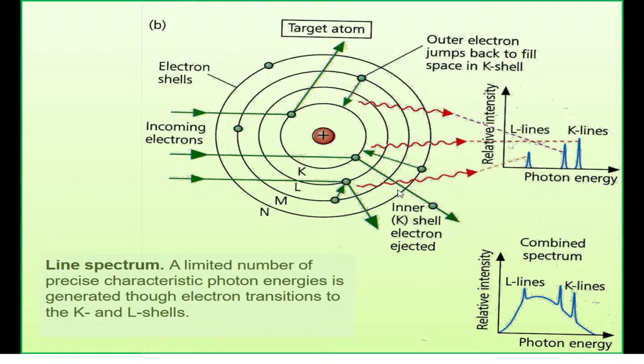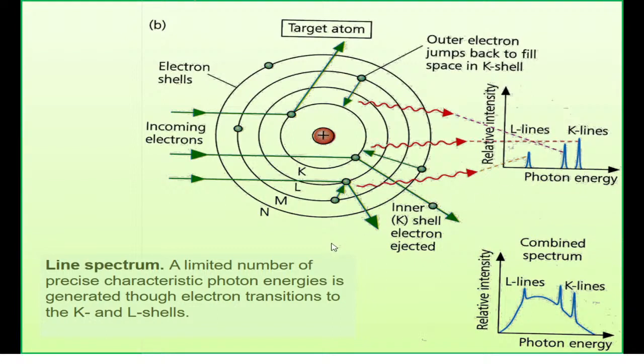Consequently, the outer electrons go and fill this inner shell electron position, and the electron that falls in the K shell emits a photon of energy, and this develops the series of K lines.